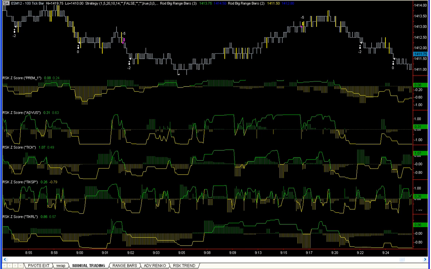So those are some of the rules that we would recommend that you think about when you're lining things up. Don't require all of your data feeds to be 1 standard deviation above or below the 0 line when you take your trade. You want your slope to agree.